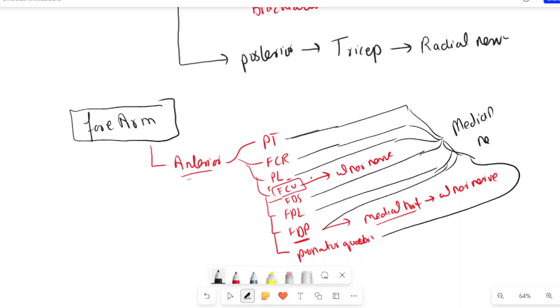So this is about the forearm anterior muscles.